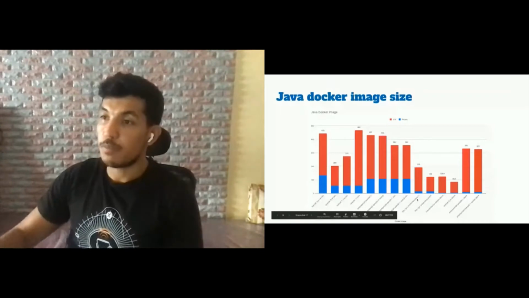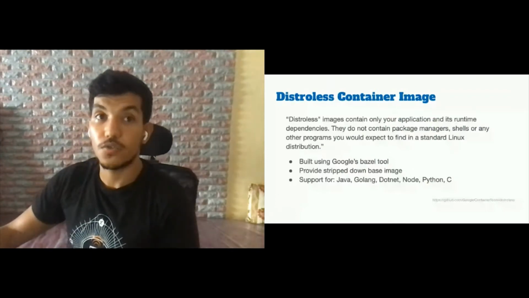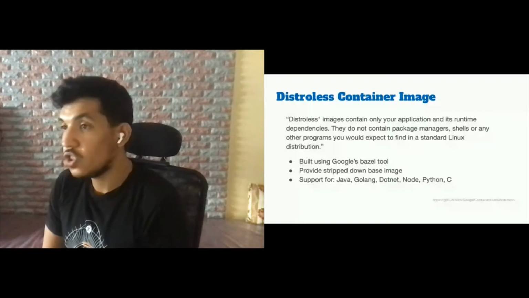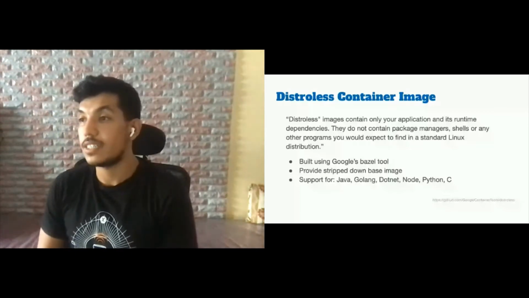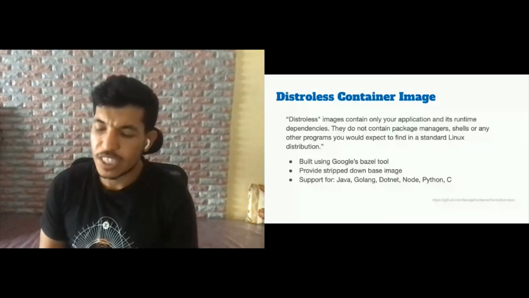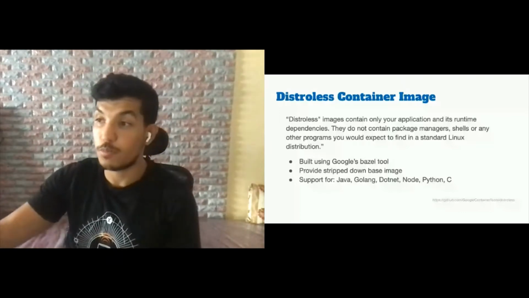Those images are part of a core Google project called Distroless container images. This project aims to create images that contain only your application and its runtime dependencies, restricting what's inside to exactly what your application needs to perform its function.